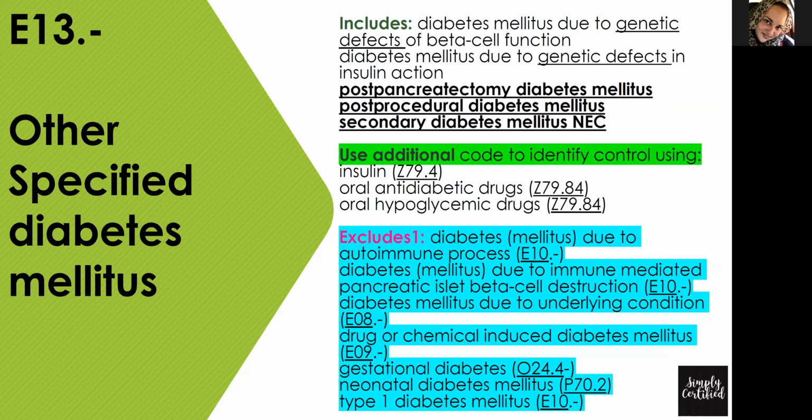So diabetes due to genetic defects of beta cell function. Diabetes due to genetic defects in insulin action. Post-pancreatectomy diabetes, post-procedural diabetes, and secondary diabetes not elsewhere classified.